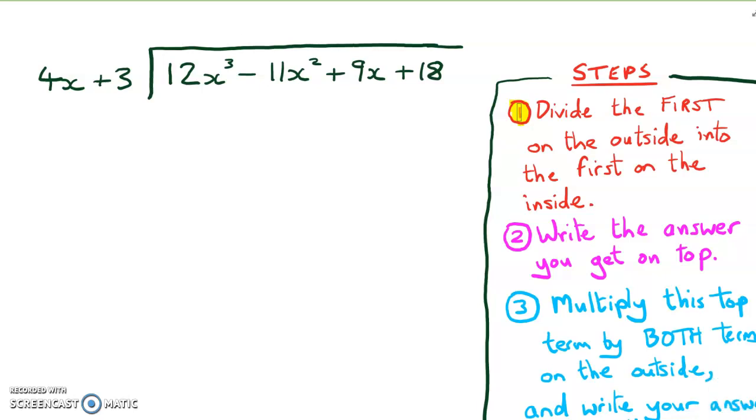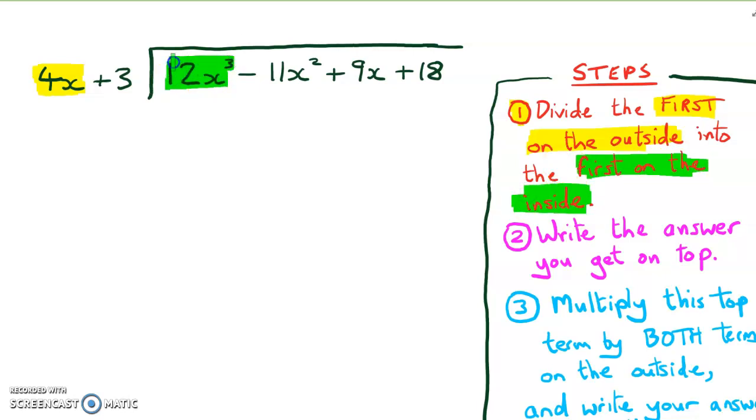Now what that means is the first on the outside is this first little term out here on the outside of the sum, and the first on the inside is this thing here, 12x cubed. So we have to divide this into this.